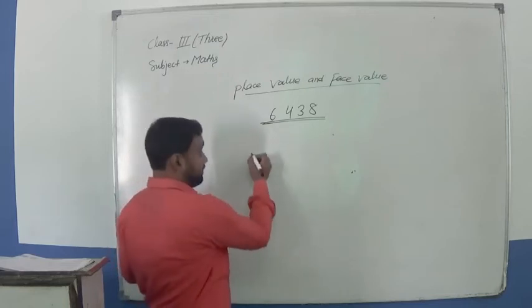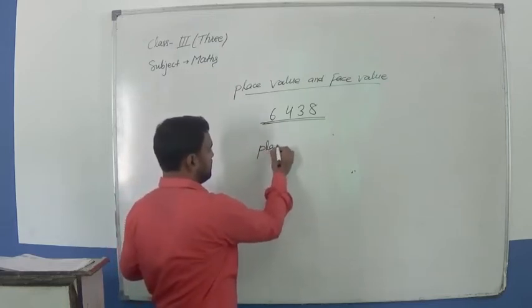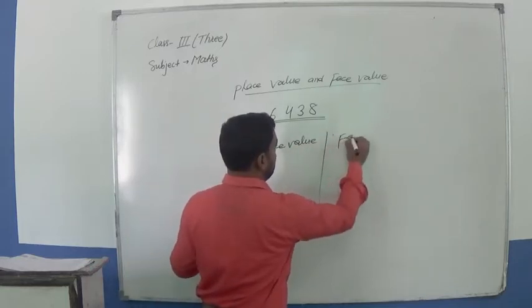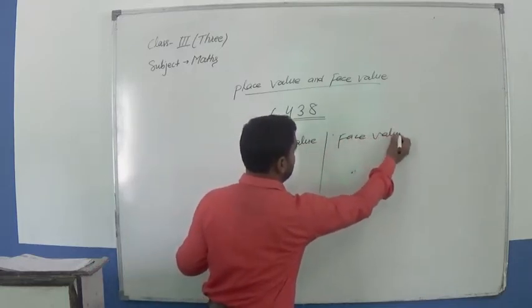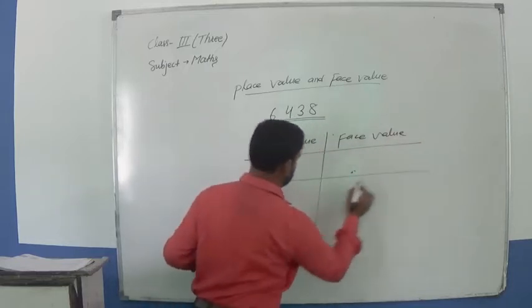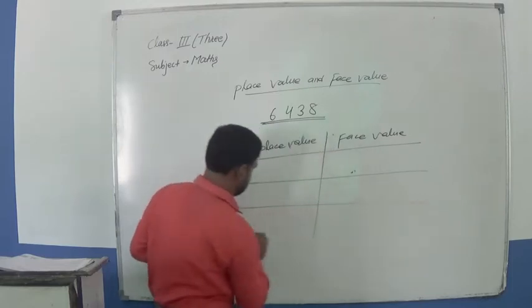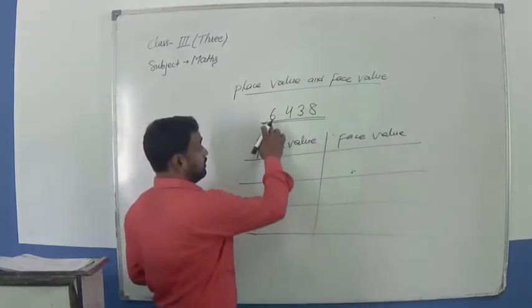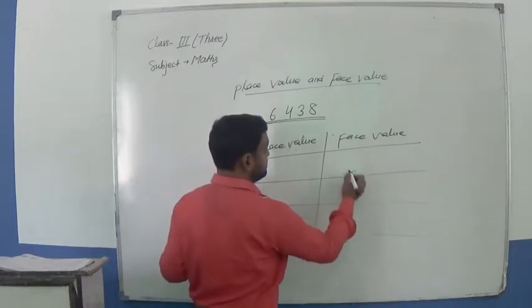See, I am making a chart: place value, face value. Face value of 6.